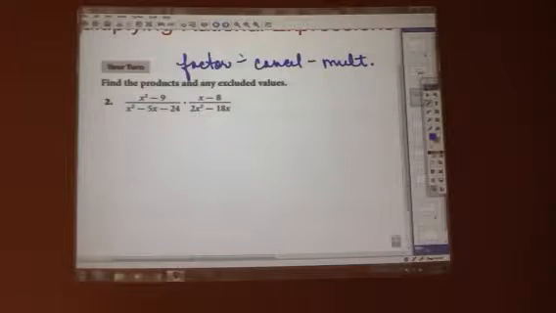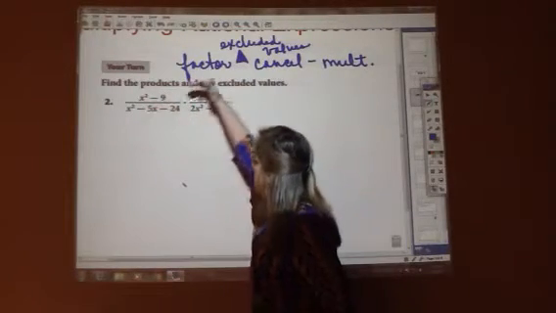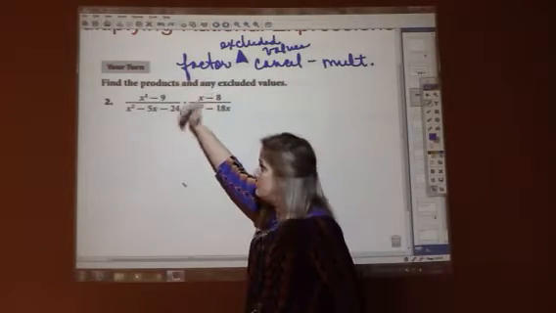After we factor, right in here, we're going to find our excluded values. So I'm going to factor numerator and denominator, if it can be factored. Some of them can, some of them can't.